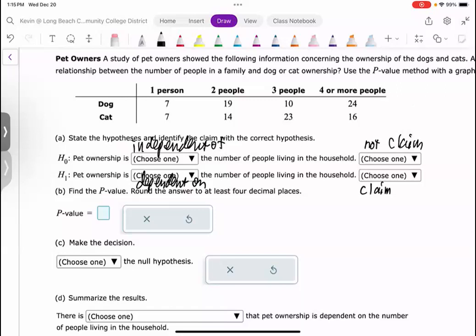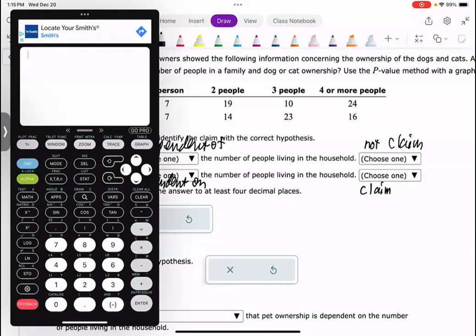So let's put the data into our calculator again. So I'm going to go to second matrix. I'm going to edit matrix A again. And you'll notice this one is a 2 by 4, meaning 2 rows, 4 columns. Enter. And notice I'm just writing right over the old data.